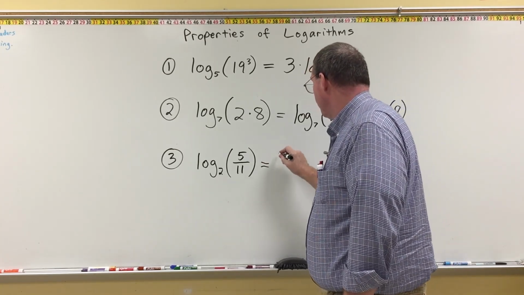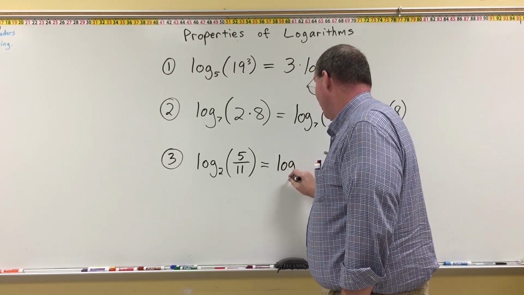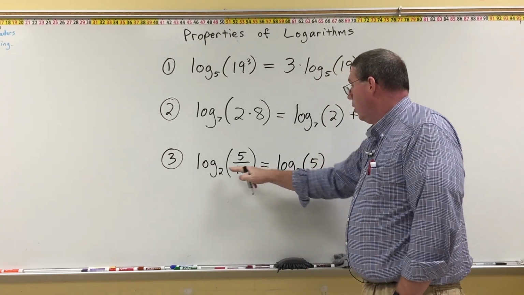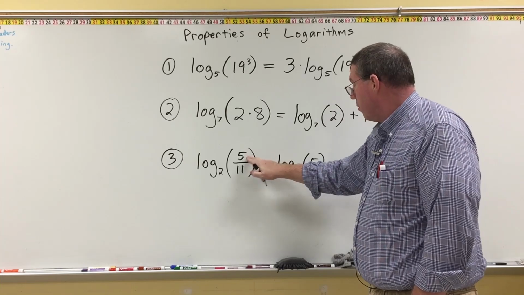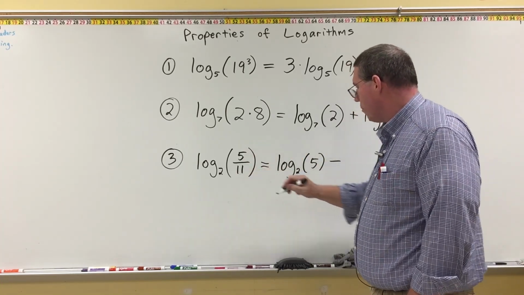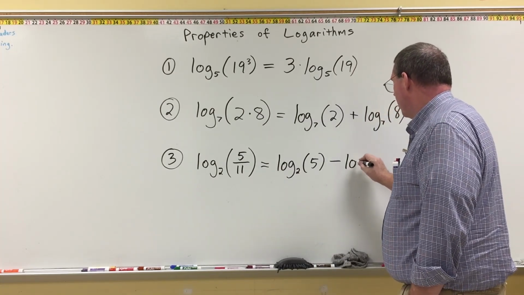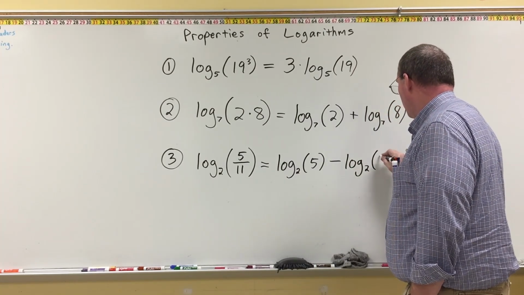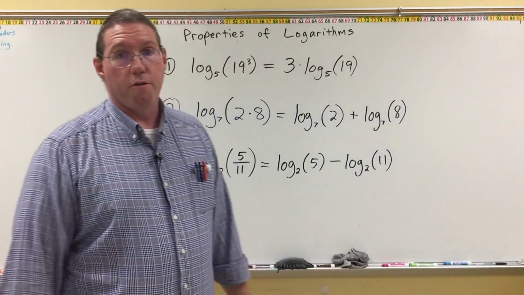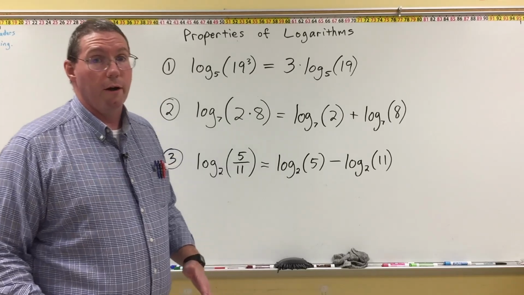Well, this would precisely be log base 2 of 5. So once again, we're going to take the logarithm of one of the numbers, that's its own logarithm, then we're going to subtract whatever is in the denominator, minus log base 2 of 11. Now there's a lot of directions you can go with this, and I could really run this through the ringer and really stretch your brain on this, okay?